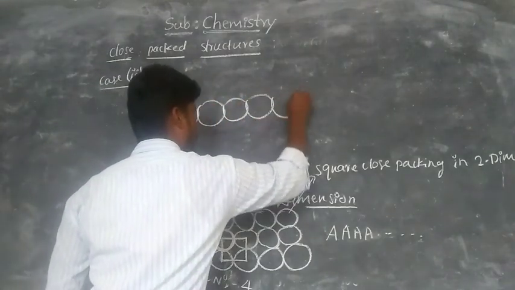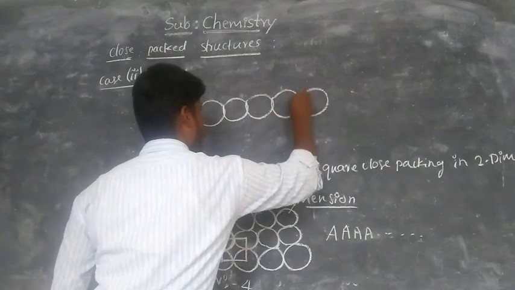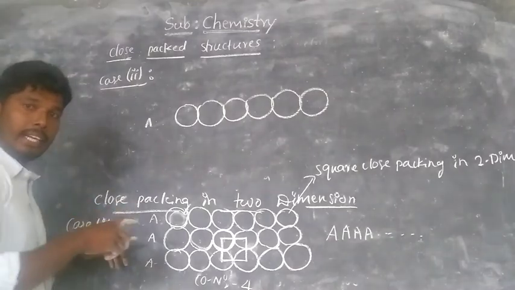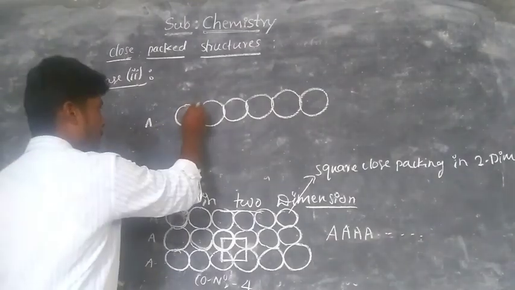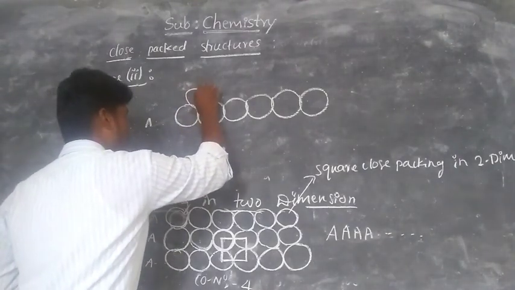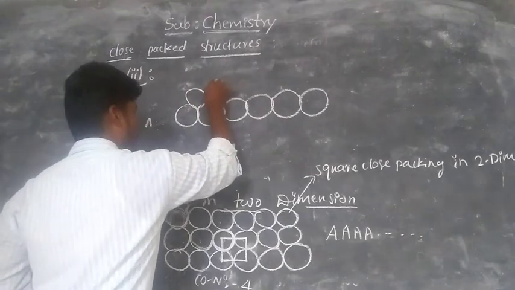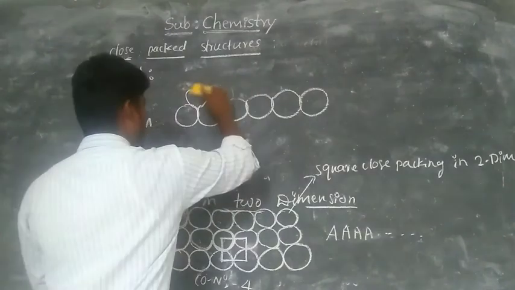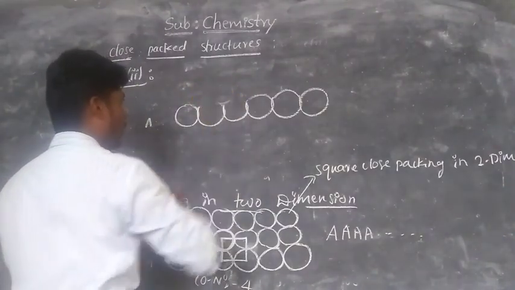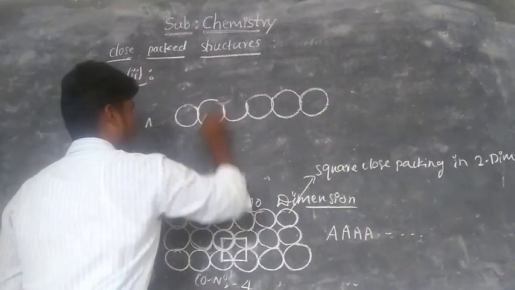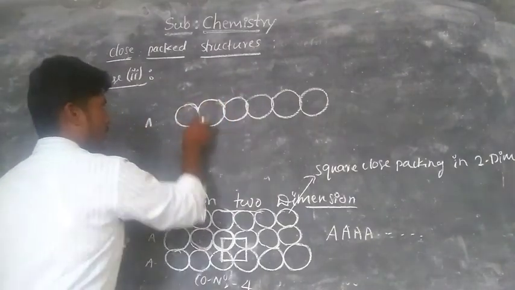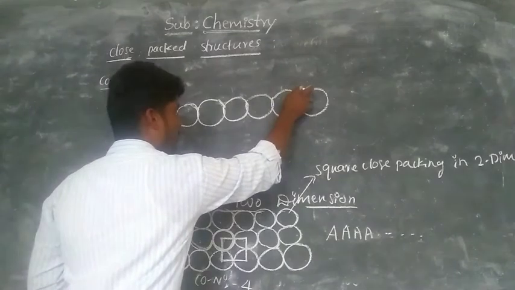Let us assume this is the first row, that is row A, and the second row is placed in the depression regions of the previous row. So observe, these are the depression regions of the previous row.